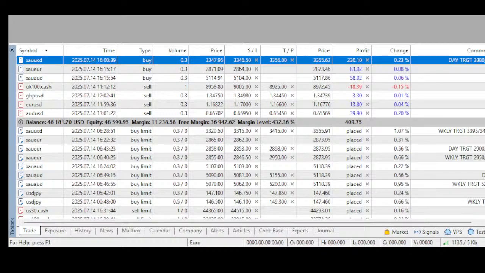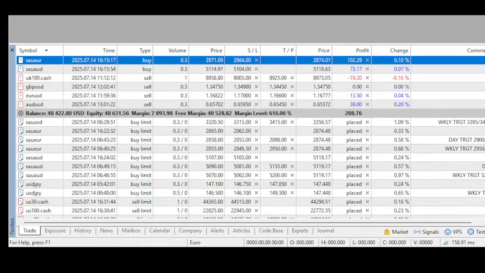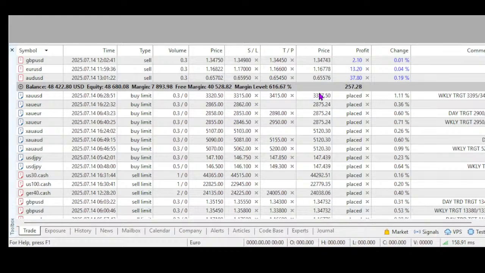Then, once the profit is taken, I'm going to go for a re-entry at 51 and stop at 46. I'm going for a re-entry on the gold against US.